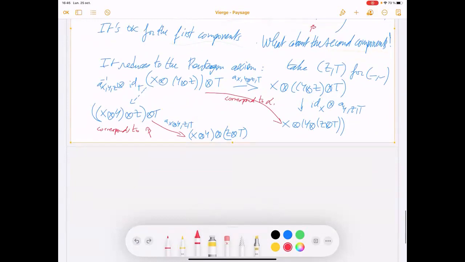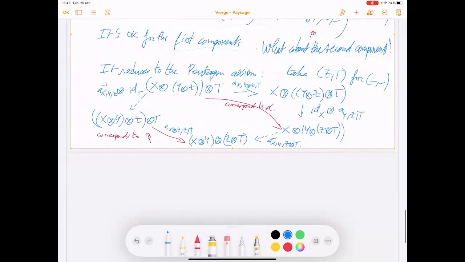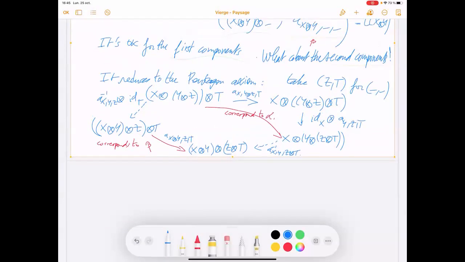You get that, and you go from there to there, A inverse X, Y, Z tensor T. So this commutes by the pentagon axiom.